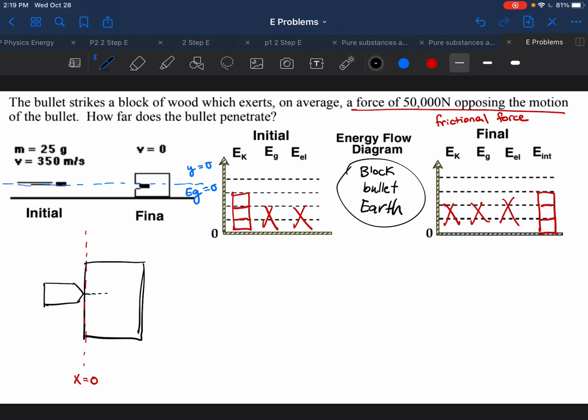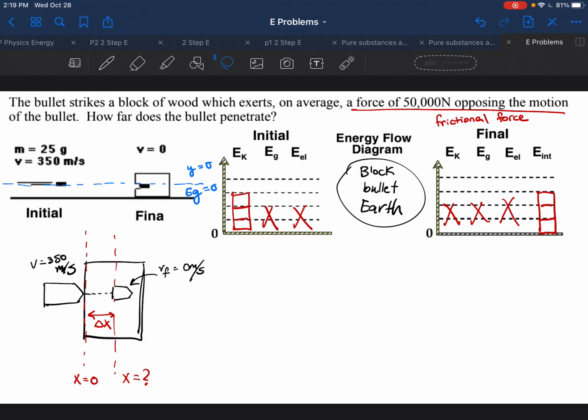The bullet is going to travel some distance into the block, and we want to figure that out. So what we're trying to find is this delta x. I know that initially it's moving at 350 meters per second. Its final velocity inside the block, once it comes to a stop, is 0 meters per second.